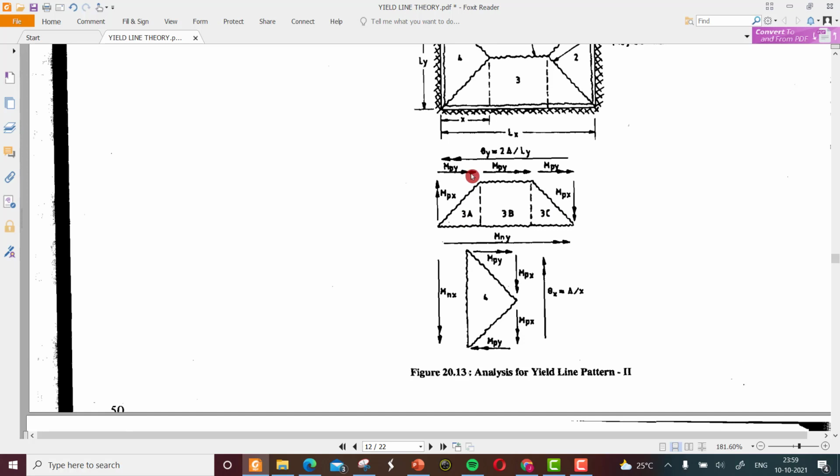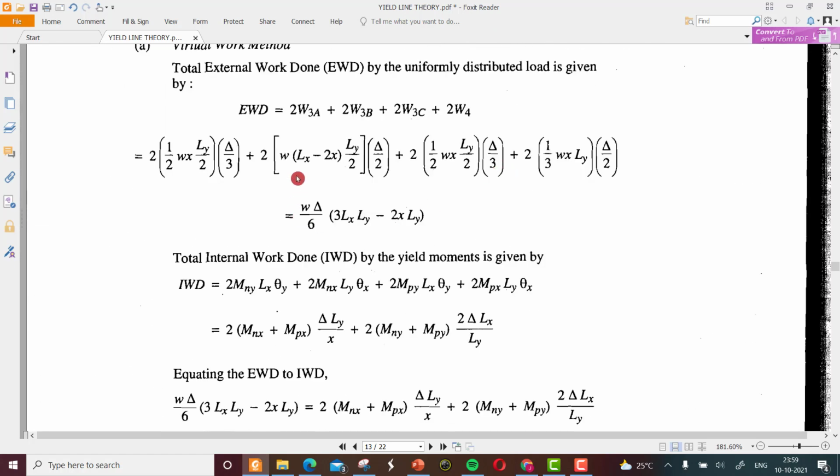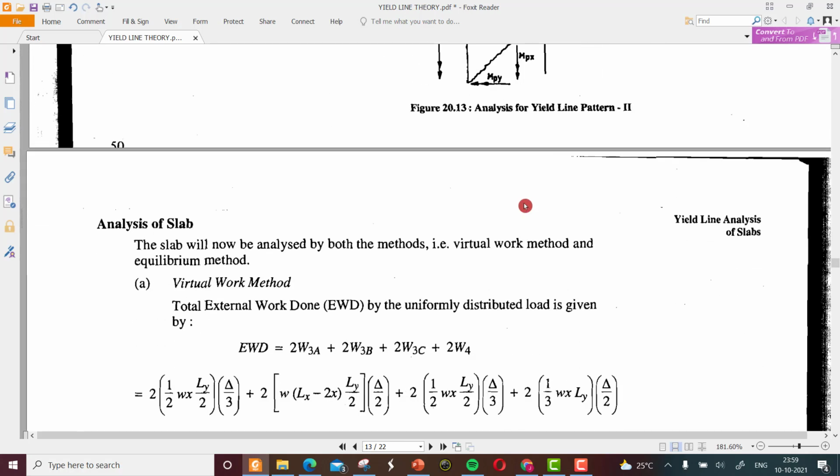So 2 times work by 3A, 2 times work by 3B, 3C plus 2 times work by 4 will give you the total work done.